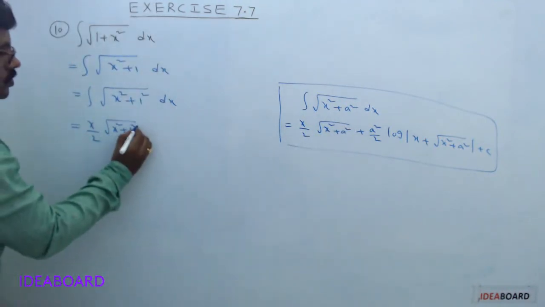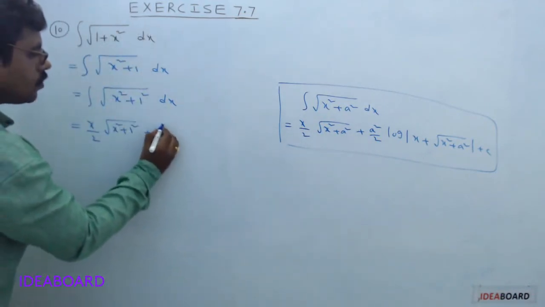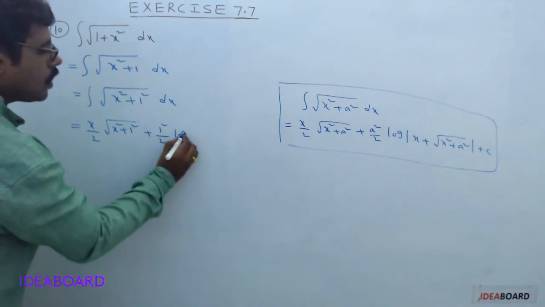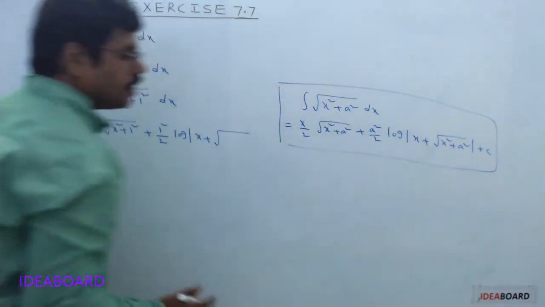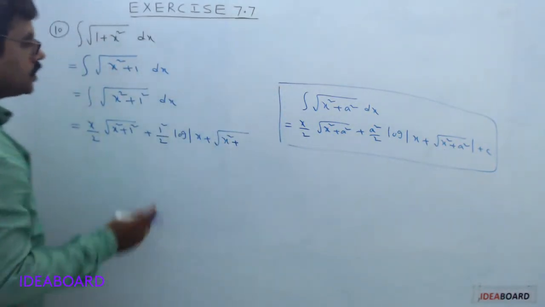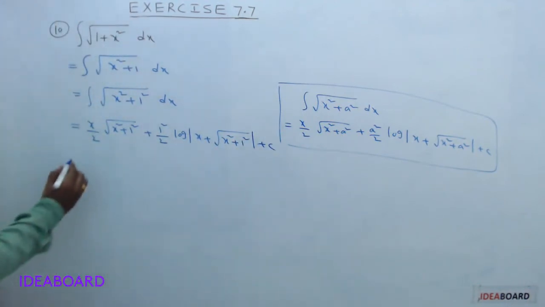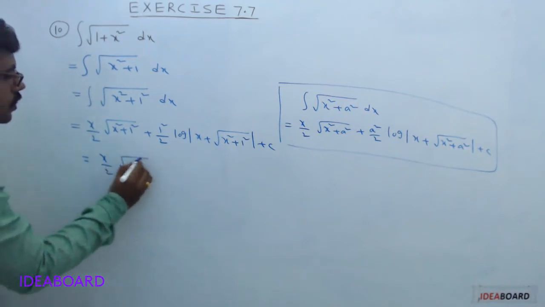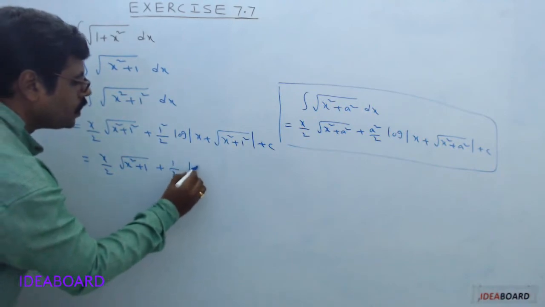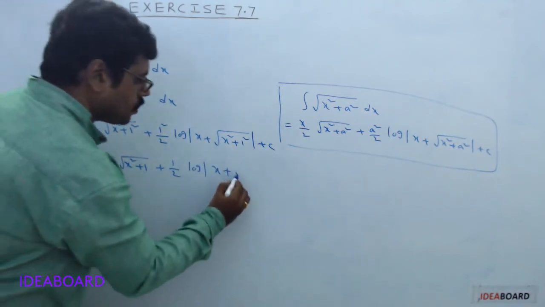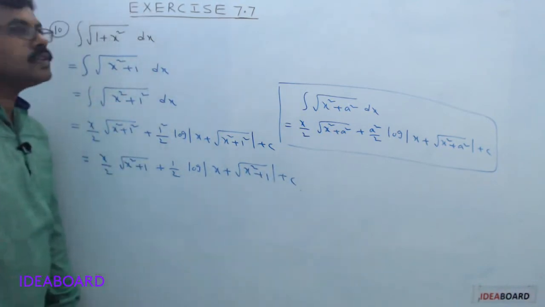A value is 1, so 1 square plus a square divided by 2, it is 1 square divided by 2 into log mod of x plus square root of x square plus a square, so x square plus a value 1, so 1 square, plus a constant c. Now it is x by 2 into square root of x square plus 1 plus 1 by 2 into log mod of x plus square root of x square plus 1 plus a constant c.